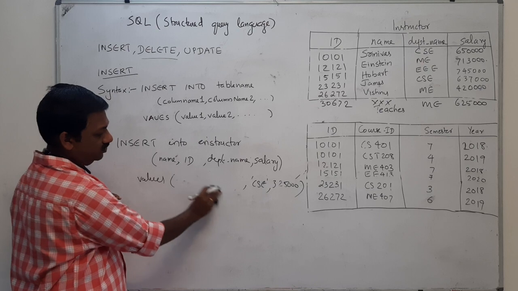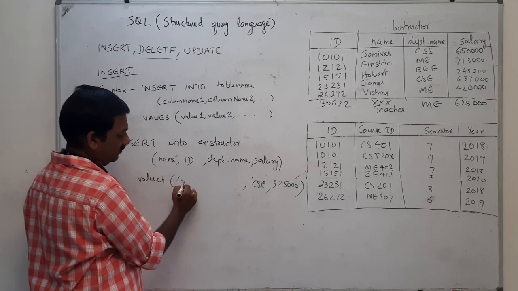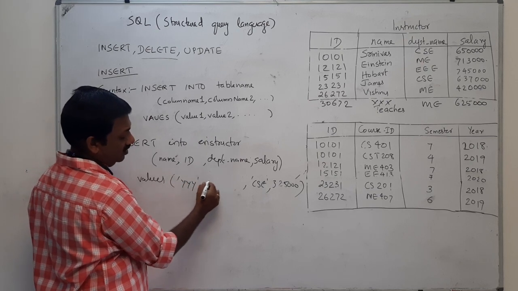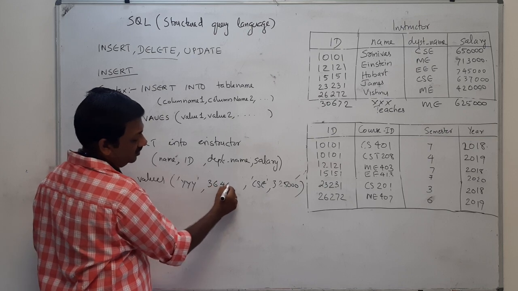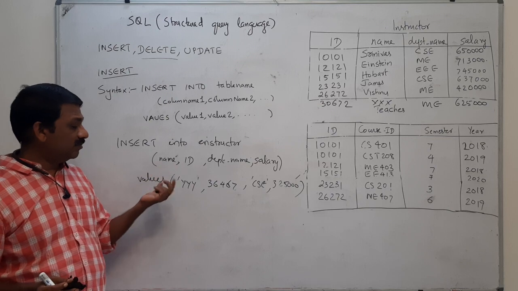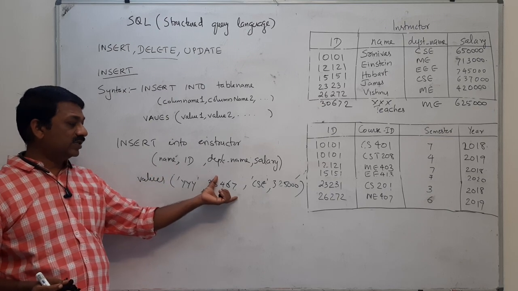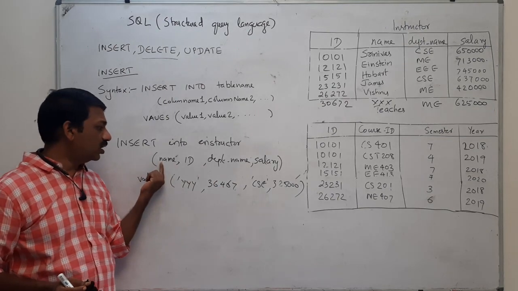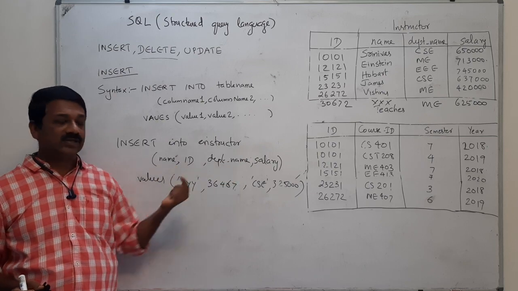Now suppose you can have a statement like instead of ID here, putting name and ID here, then you need to give say YYY here and 36467 here. That means these values are given in the order name, ID, department name, and salary.